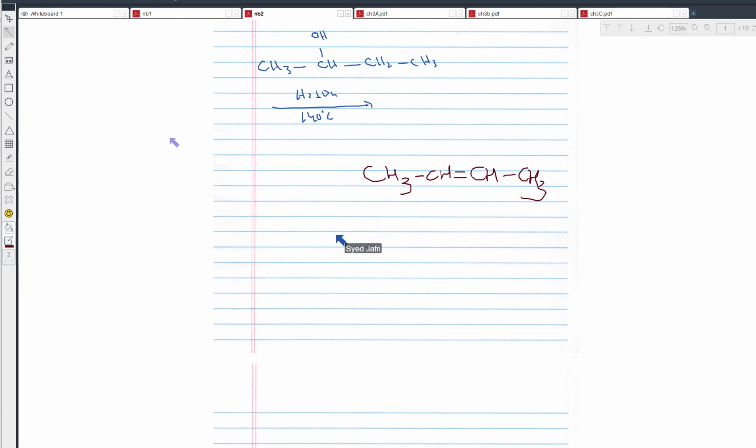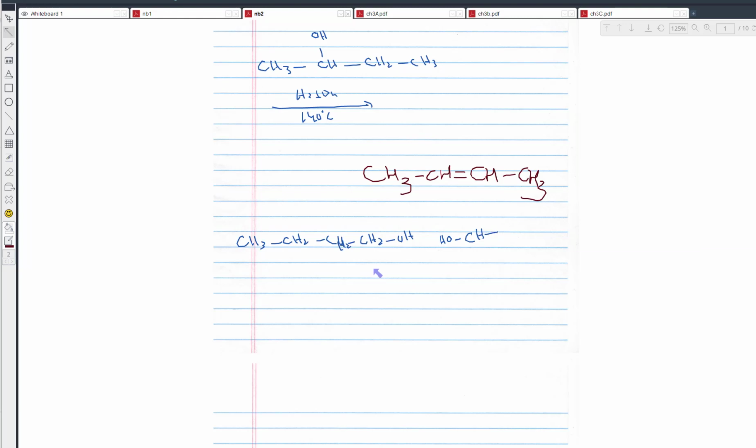Okay, now let me explain this thing. The temperature difference is going to be there. CH2 and OH. Another molecule is also there.